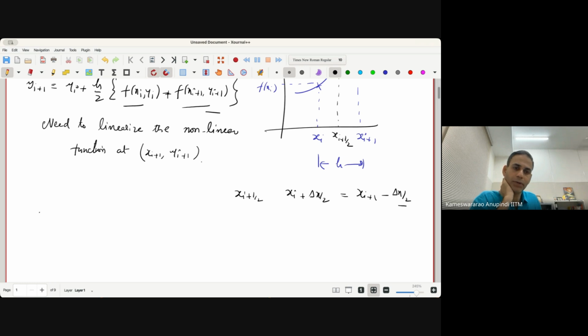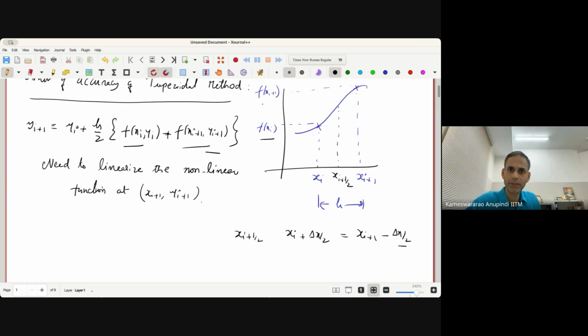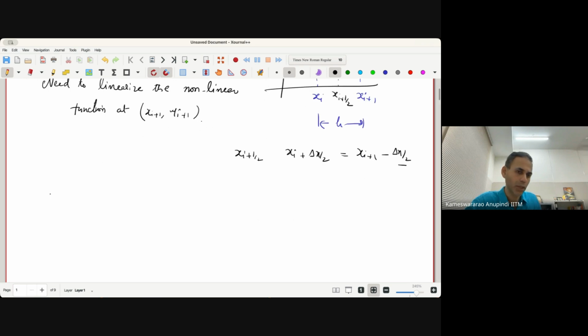Instead of taking xi, yi, xi plus 1, yi plus 1, let me work with a single variable, that is f. So that means expanding f of xi about xi plus half and f of xi plus 1 also about xi plus half.